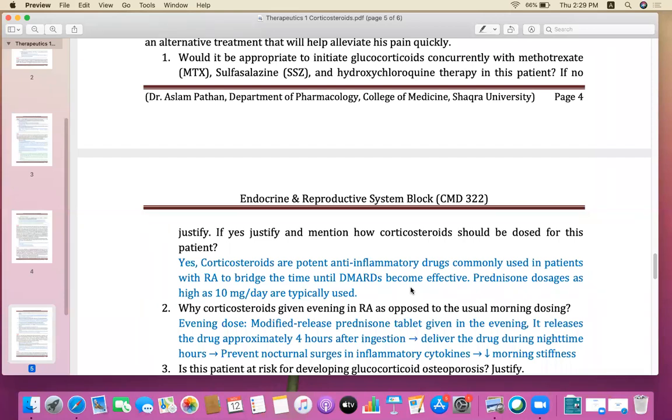That's why corticosteroids are the potent anti-inflammatory drugs commonly used in patients with rheumatoid arthritis. Generally, prednisone dosages as high as 10 milligram per day are typically used.